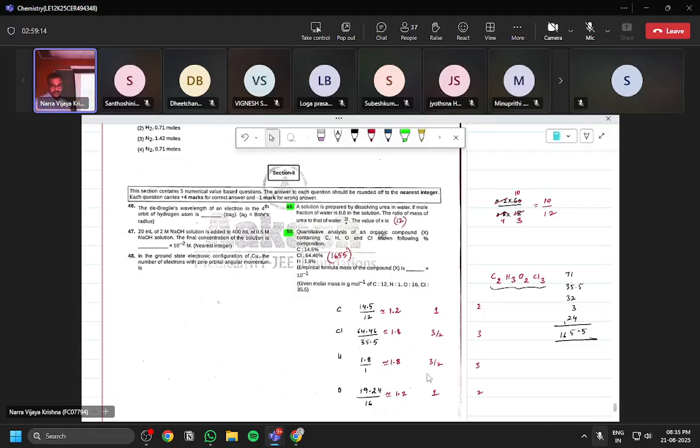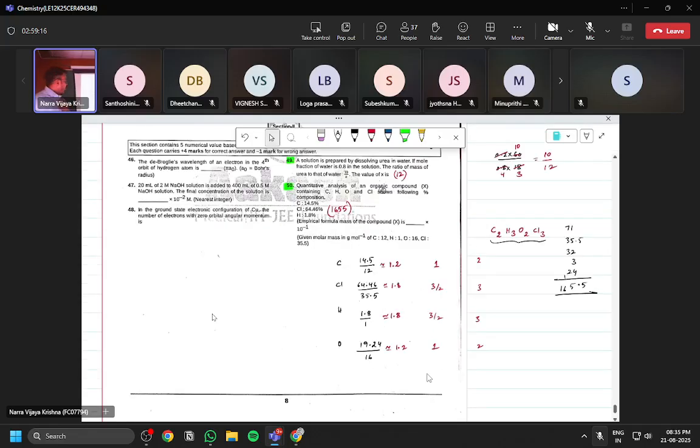Right? Next, sir, 48. In the ground state electronic configuration of copper, the number of electrons with zero orbital angular momentum. Orbital angular momentum is 0 means what? What is orbital angular momentum? Root of L into L plus 1, H cross. This is orbital angular momentum. If they say Z component, Lz equals root of L into L plus 1 into H cross into cos theta.